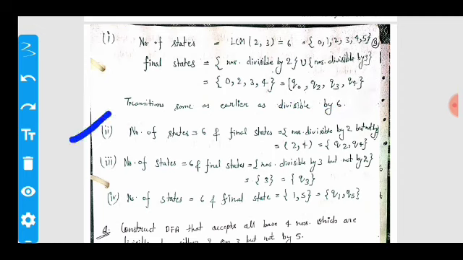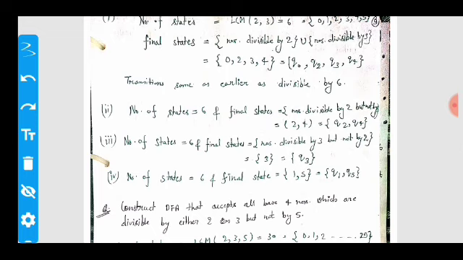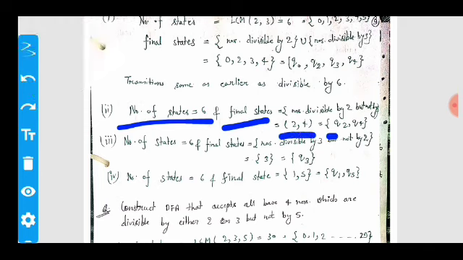The number of states in the second question, divisible by 2 but not by 3, is the same, 6, from taking the LCM of both, but the final states are different, because here the divisibility is only by 2, not 3. So here only 2 and 4 are your final states, not the others.